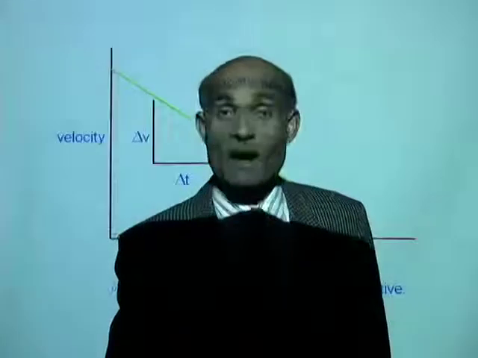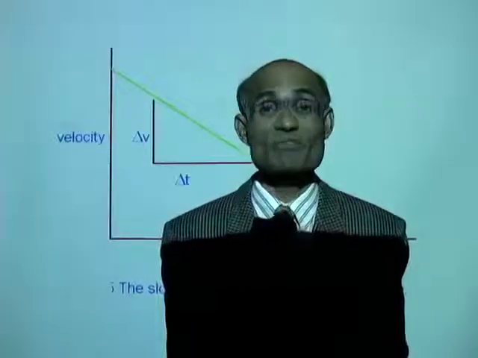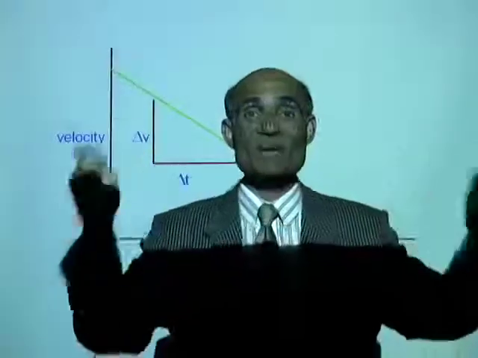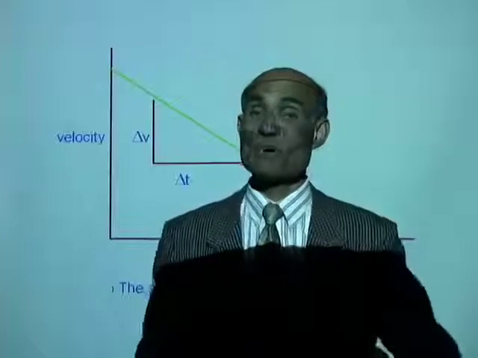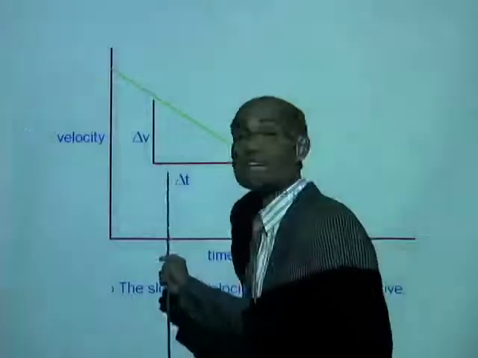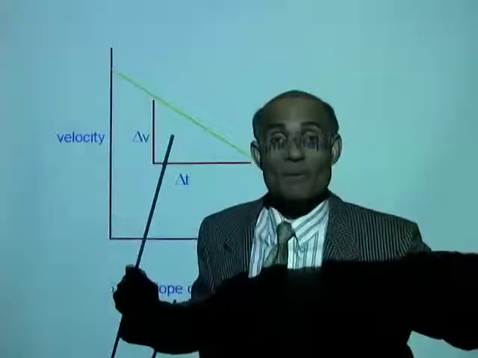So, I think in one of the assignments I have asked you, write a paragraph about negative acceleration. What does negative acceleration mean? A negative acceleration in this context means the object is slowing down.